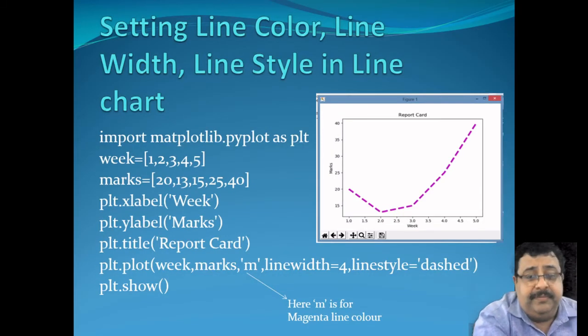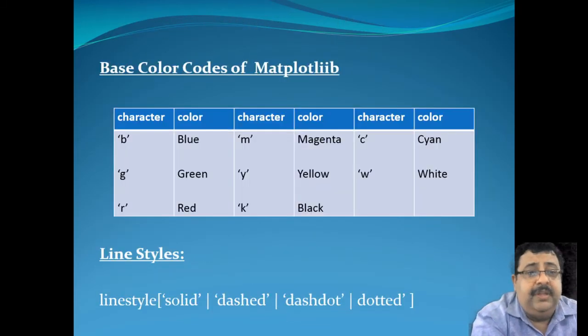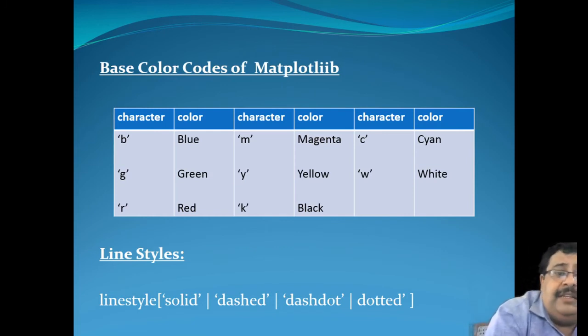Now these are the base colors of matplotlib. B stands for blue, G for green, R for red, M magenta, Y yellow, K for black, C for cyan, and W for white. And we are having four kinds of line style, that is solid, dashed, dash-dot, and dotted.